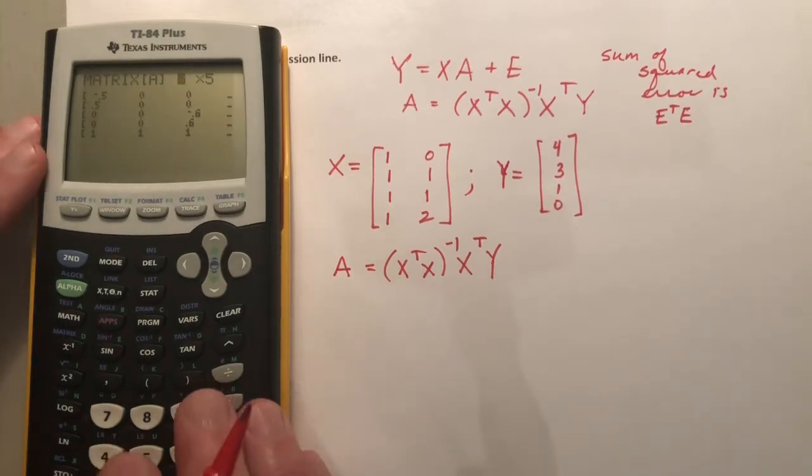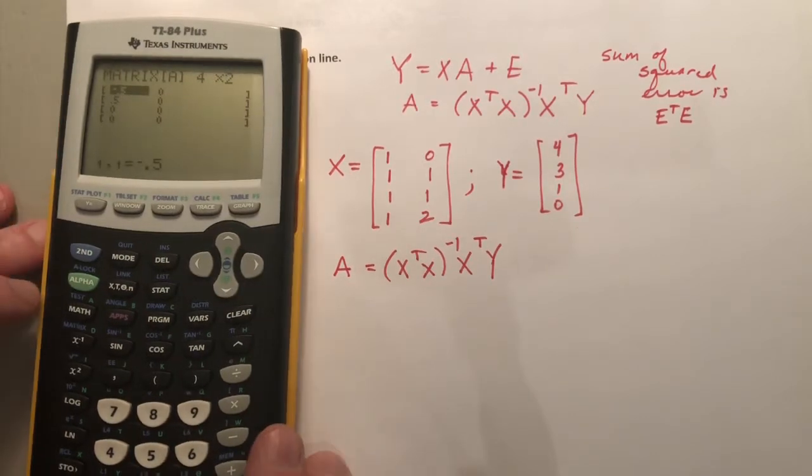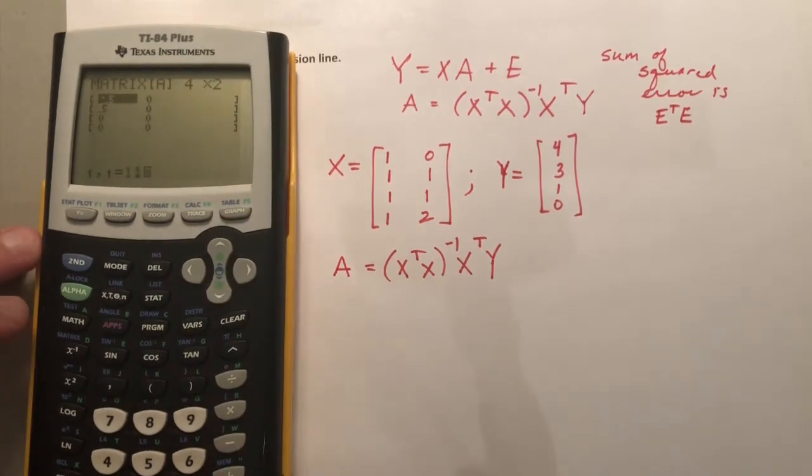So my matrix A is going to be X, and that's going to be a 4 by 2 matrix. First entry is 1, and then a 0. Second row, we have 1, 1, and 1, 2 for the fourth row.